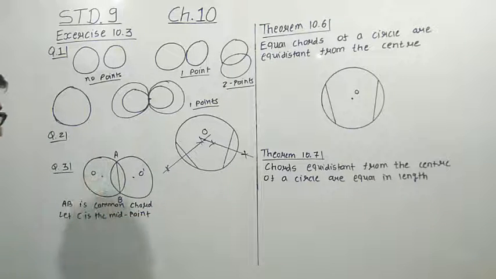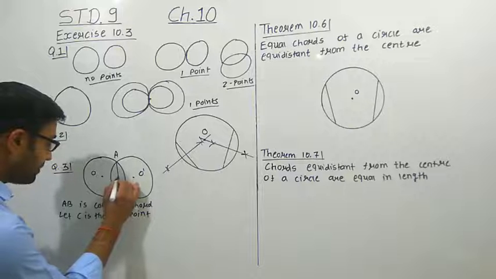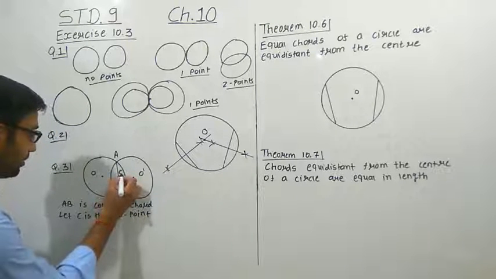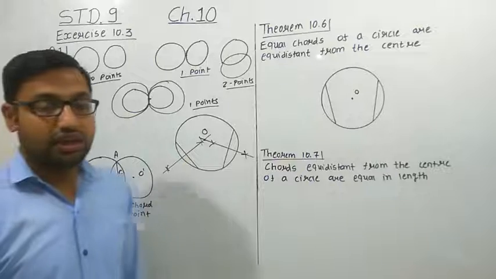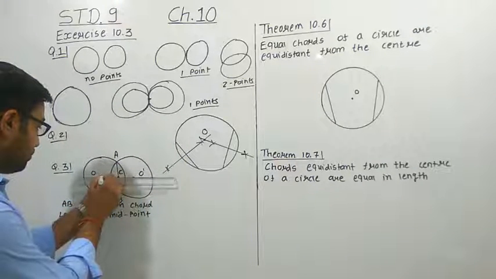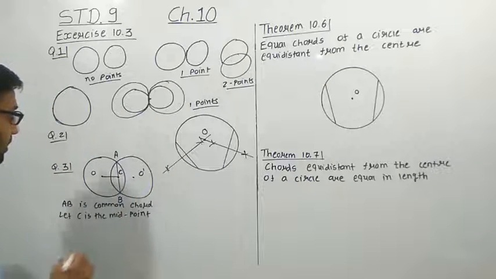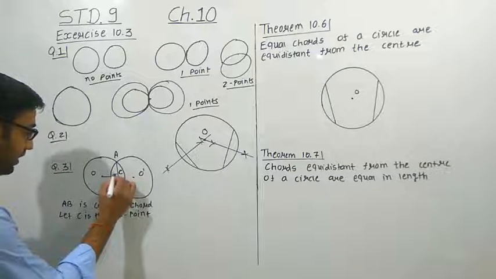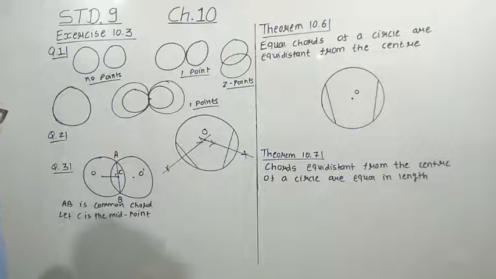If we take AB as a common chord and point C as the midpoint of the common chord, now if we join the center to this midpoint, what is the angle we get here? We get the angle equal to 90 degrees.